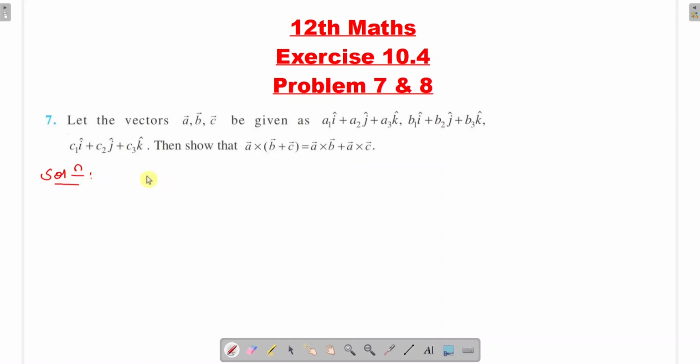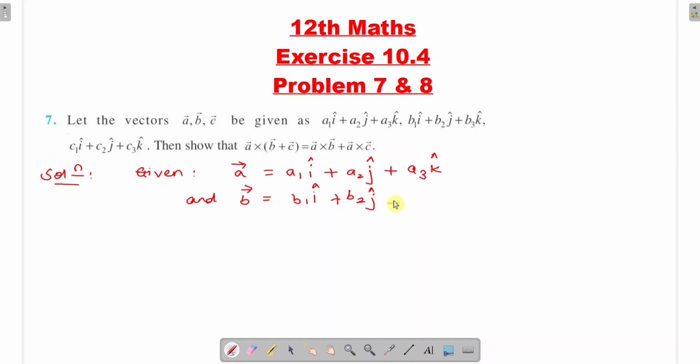Solution. Given is a bar is equal to a1 i cap plus a2 j cap plus a3 k cap, and b bar is equal to b1 i cap plus b2 j cap plus b3 k cap.